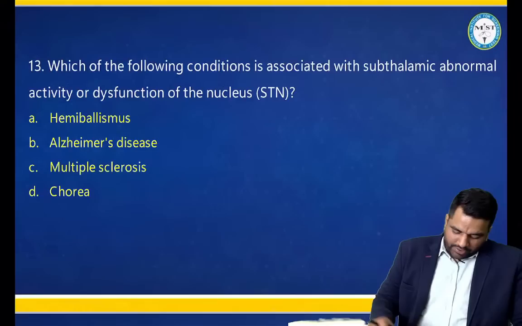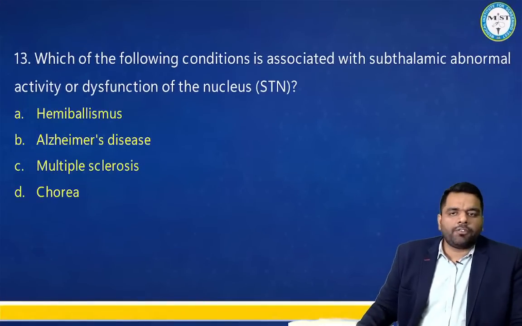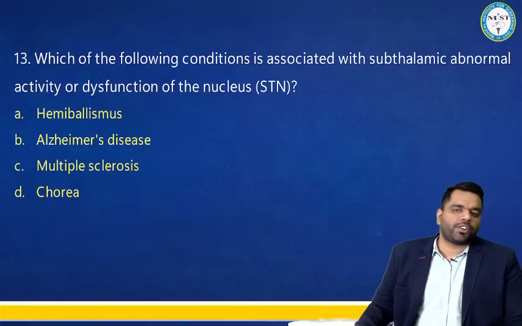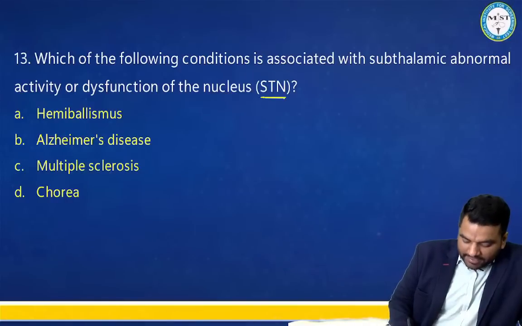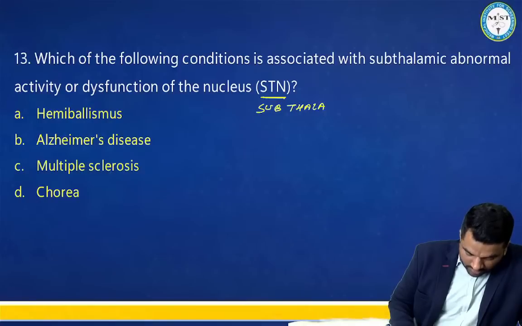Now the next question, again from the CNS. Which of the following conditions is associated with subthalamic abnormal activity or dysfunction of the nucleus, that is the subthalamic nuclei? STN stands for subthalamic nuclei.